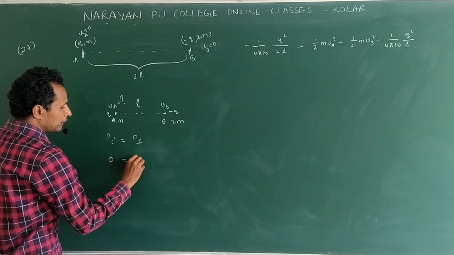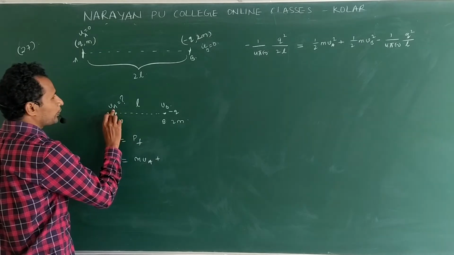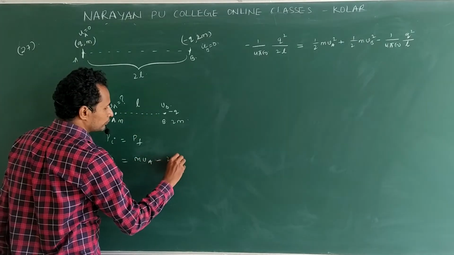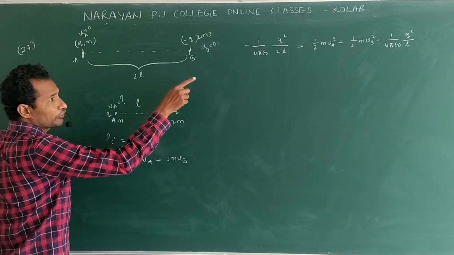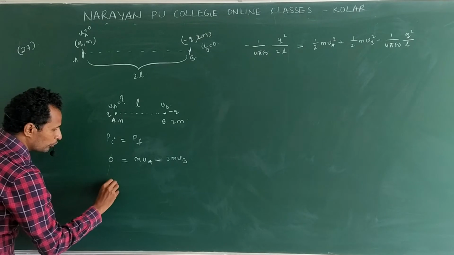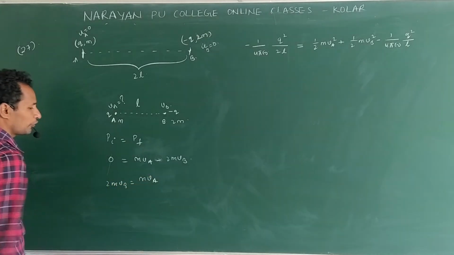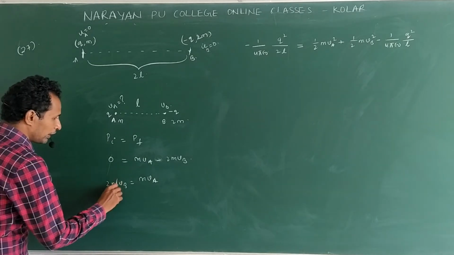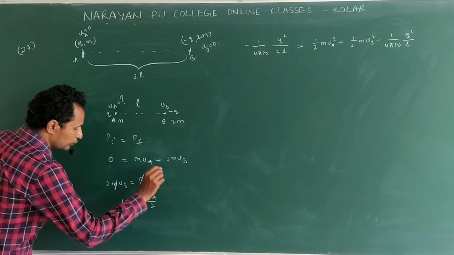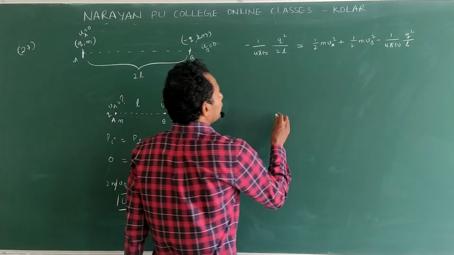Then we can write m VA plus, if you take this positive, this will be negative, 2m VB. To get VA, what do we need to eliminate? VB. So make 2m VB the subject: 2m VB equals m VA. Then m cancels. VB is equal to VA by 2.